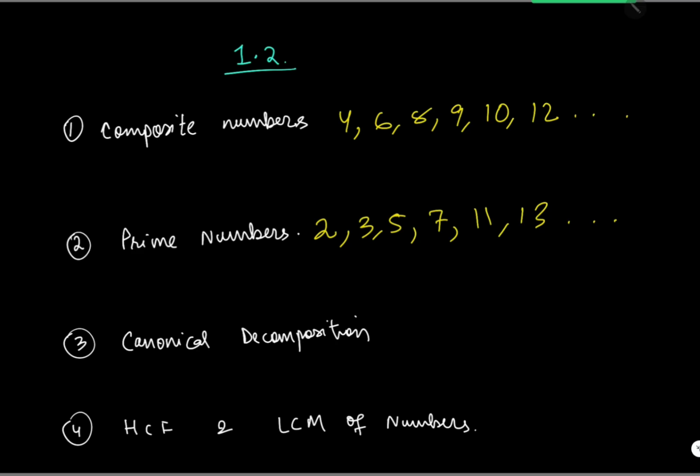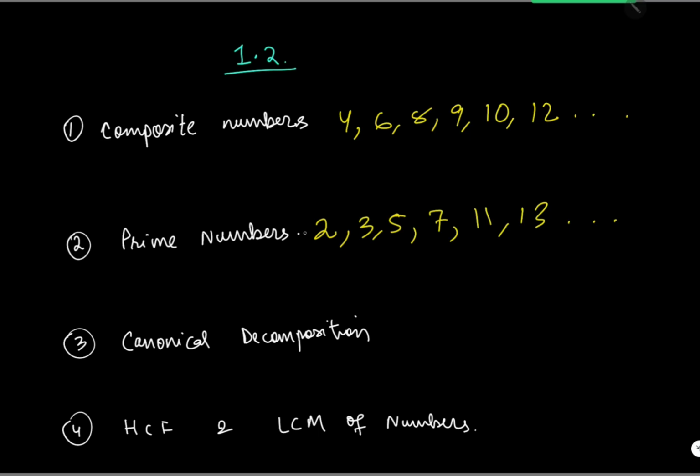Let me tell you that 1 is not a prime number, because I have already told you that for a number to be considered prime, it has to have exactly two factors, but the number 1 has only one factor, so 1 fails to be called a prime number.